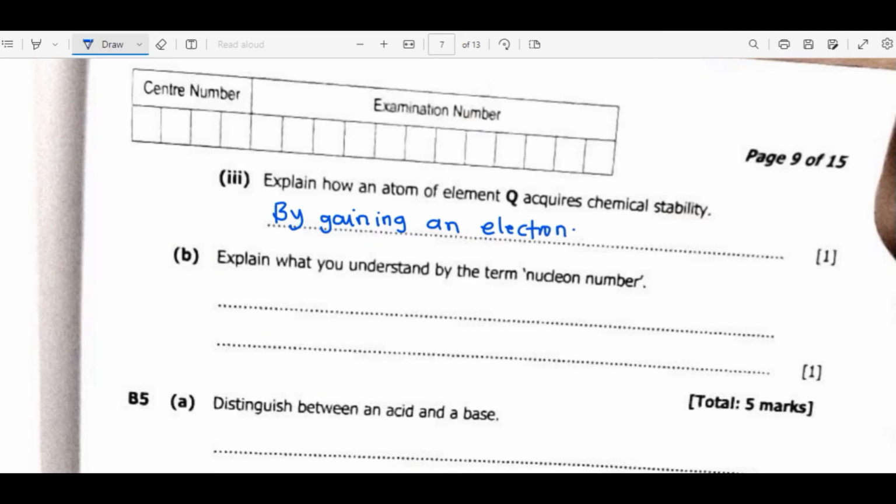Explain what you understand by the term nuclear number. So nuclear number is the other name for mass number. This is the same as what is meant by mass number.